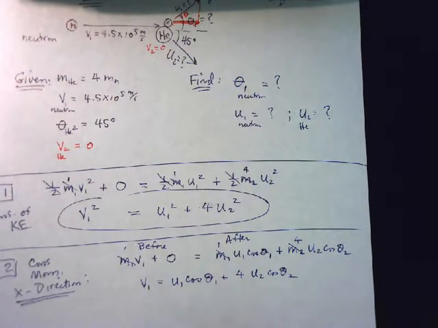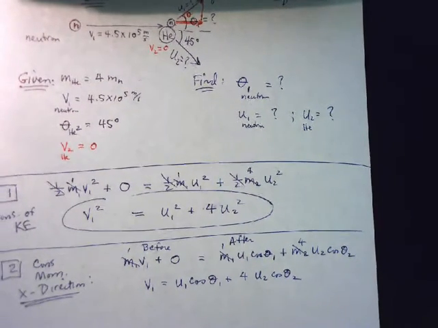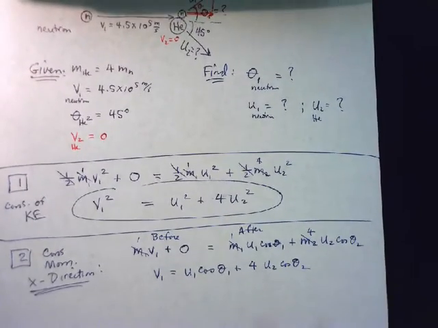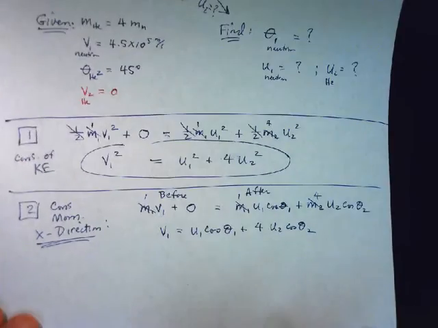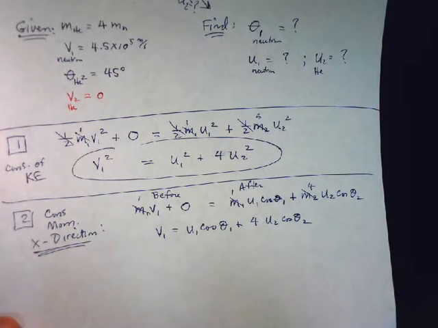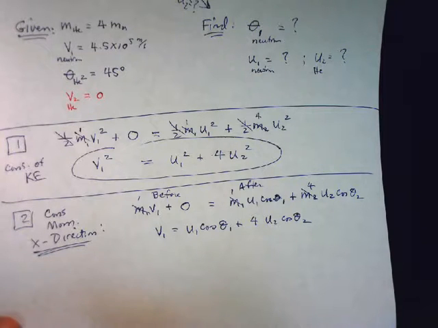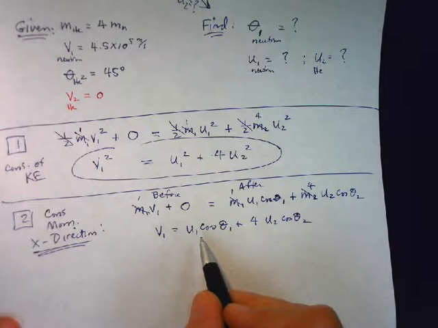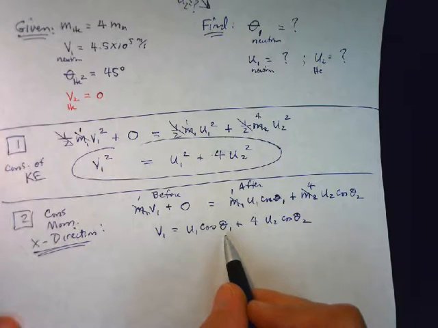Now, from experience, having messed up many times in the past myself, I know that eventually I'm going to be using a trig identity, sine squared theta plus cosine squared theta equals 1. And if I arrange this the wrong way, then the angle I'm looking for will drop out.